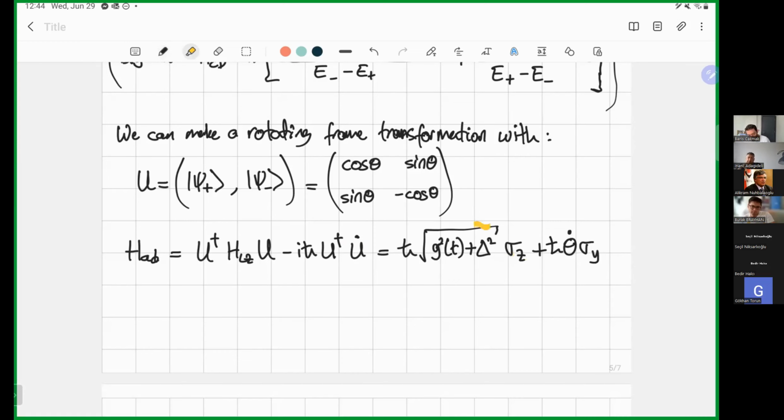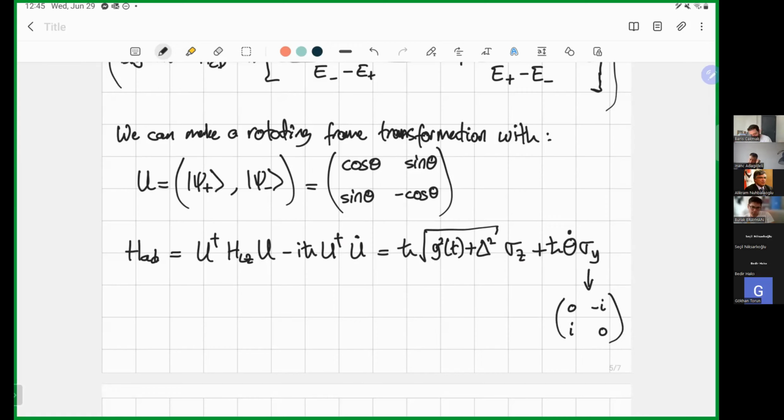Sigma z is a diagonal matrix, so it does not couple the energy eigenstates to each other. When you hit an energy eigenstate with sigma z, it does not project you to the other energy eigenstate. However, sigma y, remember the form of sigma y, 0, minus i, i, 0, only has off-diagonal elements. These off-diagonal elements connect the two energy eigenstates.